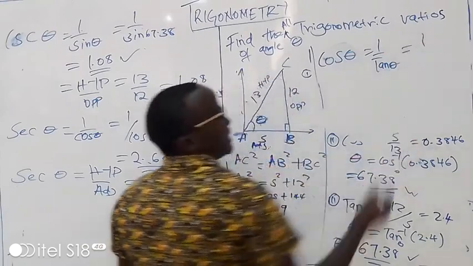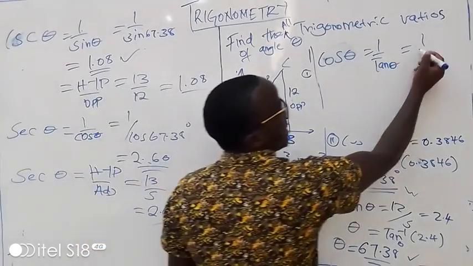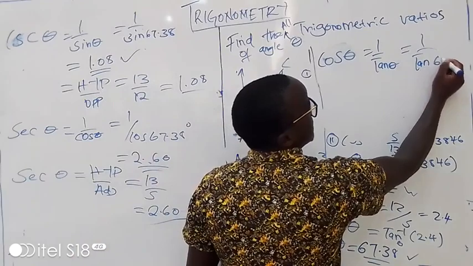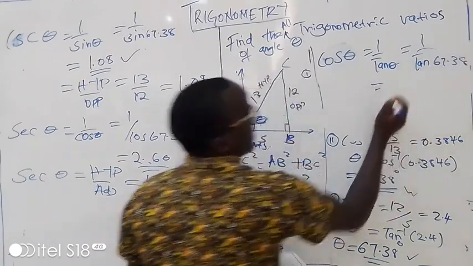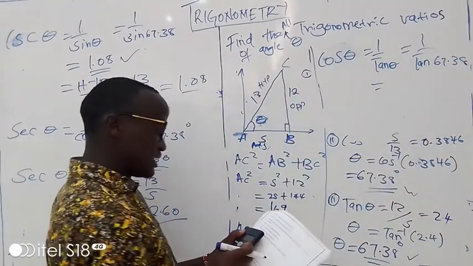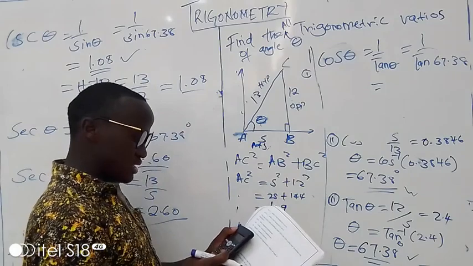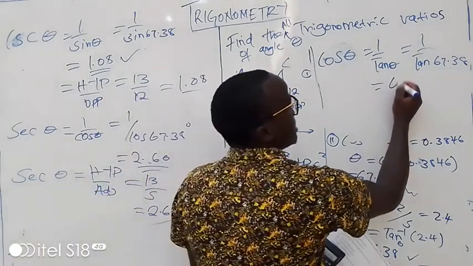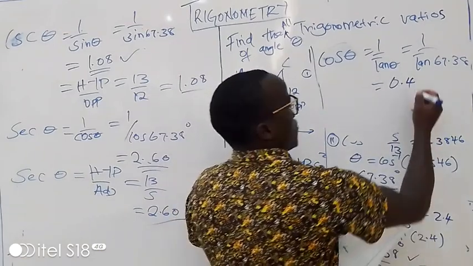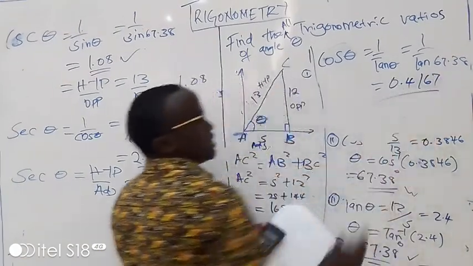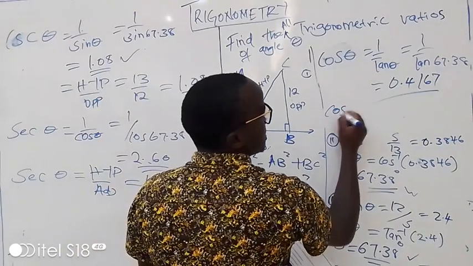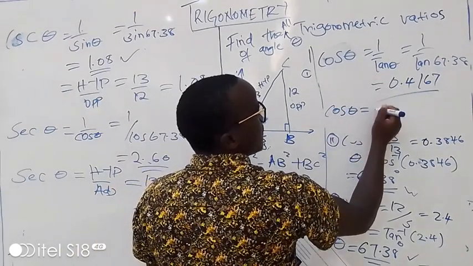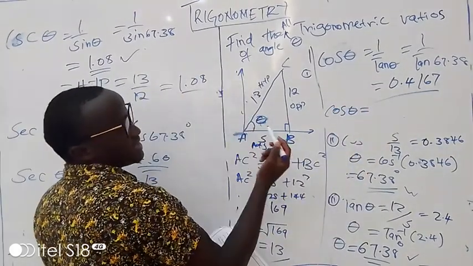We had gotten tan 67.38, so we take tan 67.38, then 1 divided by answer. We are getting 0.4167.